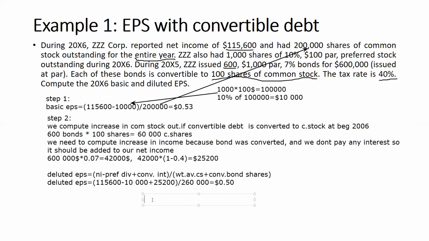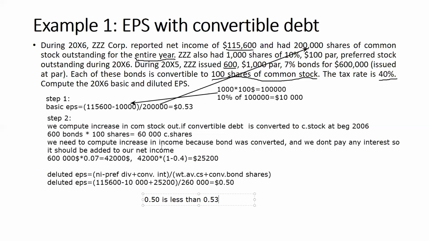So 0.50 is less, and why should it be less, than 0.53? Because the number of shares is increased but the price is still the same. As the number of shares increases, and why is the number of shares increasing? Because of the converted bond shares, because the holder of the bond decided to convert.